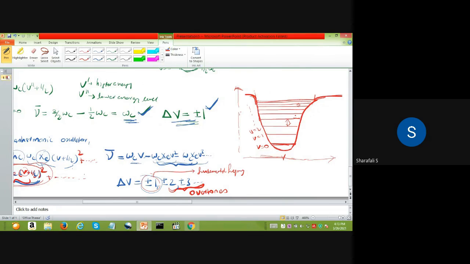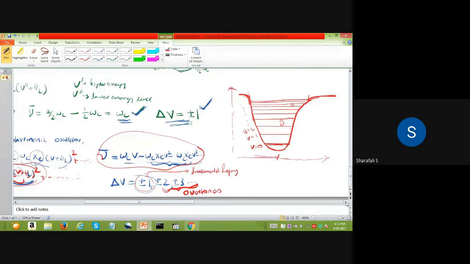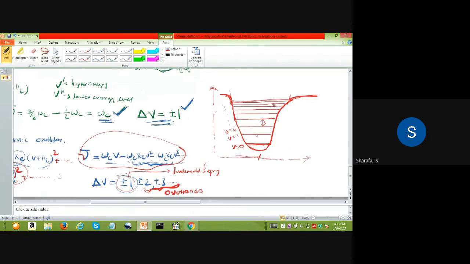Okay. Similarly, consider this nu bar. What is this nu bar? This nu bar is the wave number corresponding to different transitions. If it comes from 1 to 0, it will give you the first nu bar, that is nu1, for example the fundamental one. And if it comes from 2 to 1, it will give another radiation, another frequency.